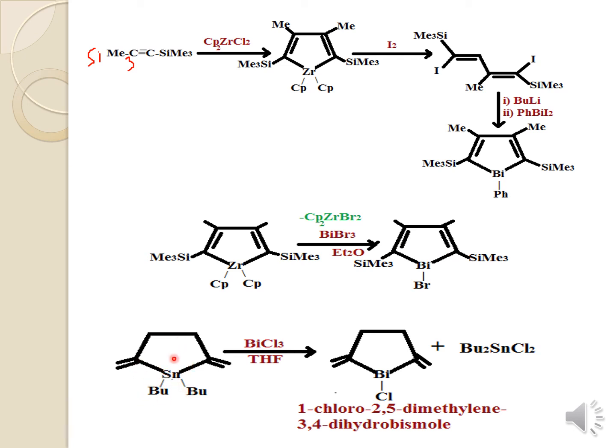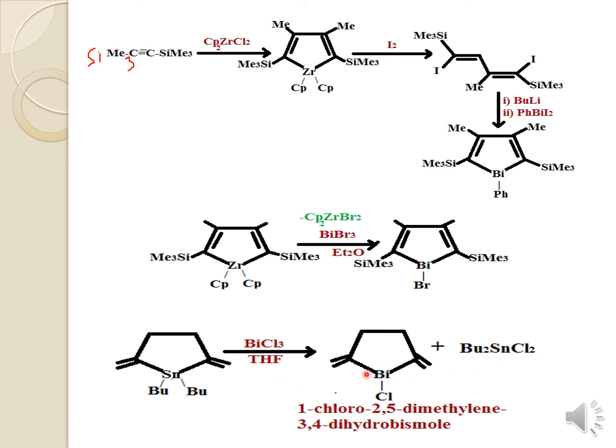Then moving on to the next, if we are taking the dibutyl tin complex, a cyclic structure, and it is treated with bismuth trichloride in THF, then with the cleavage of the butyl tin chlorides, two of the chlorides will cleave out with the butyl.